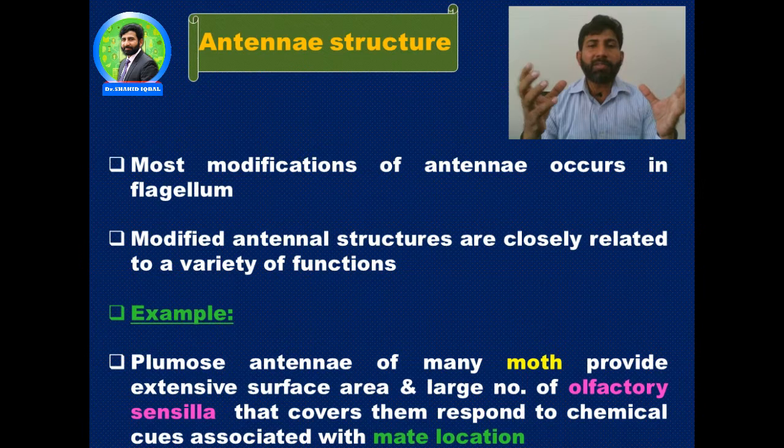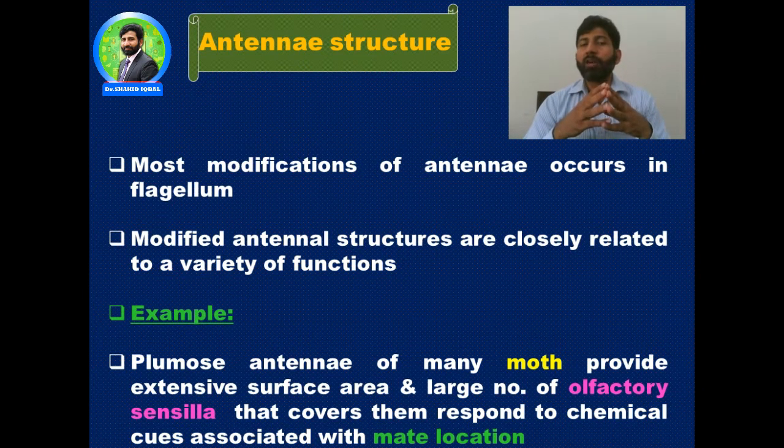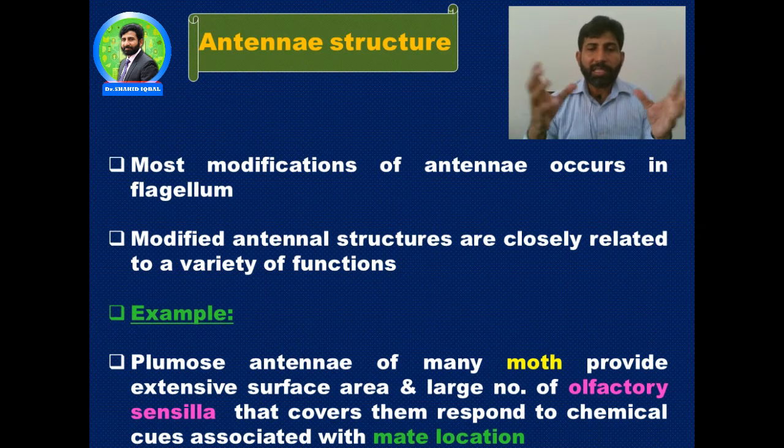Most modification of antennae occurs in the flagellum, that is the length of the flagellum and the number of segments of the flagellum. Modified antenna structures are closely related to the variety of functions they have to perform. For example, the plumose antennae of many moths provide an extensive surface area and a large number of olfactory sensilla that cover them and respond to chemical cues associated with the female's location.